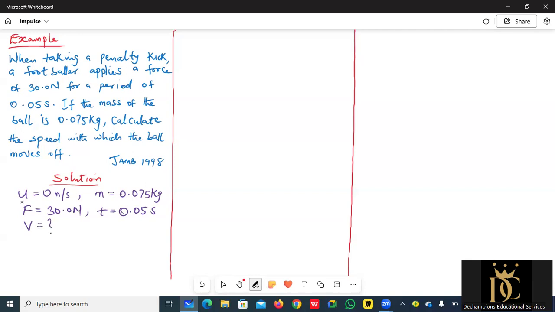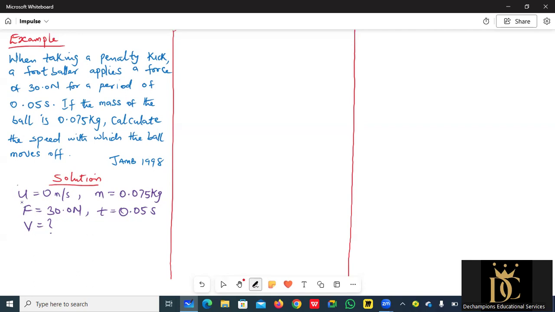Initially, before the ball was kicked, it wasn't moving, and that is why U, the initial velocity of the ball, is 0. But after the ball was kicked, definitely it will speed off at a particular velocity. And that's what we are asked to find.